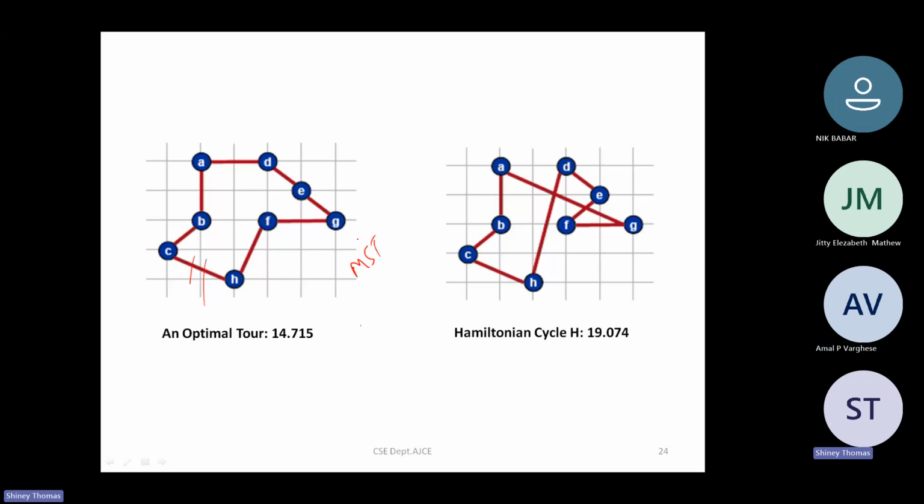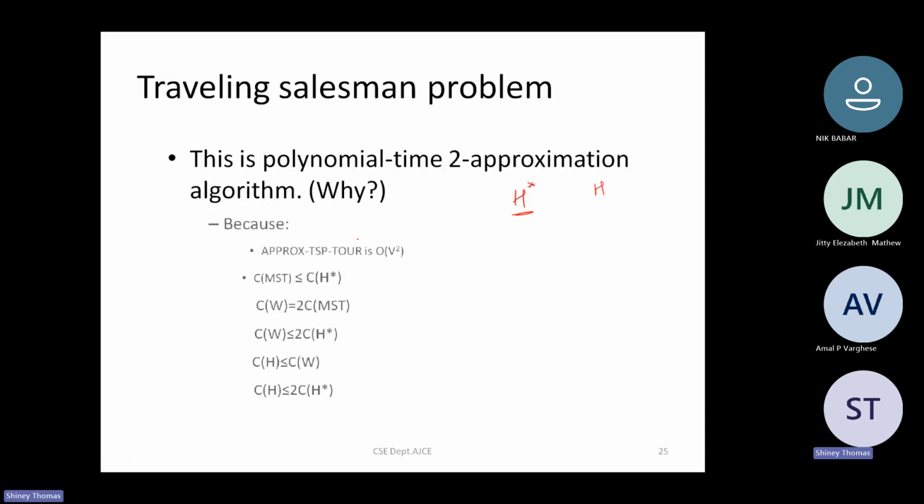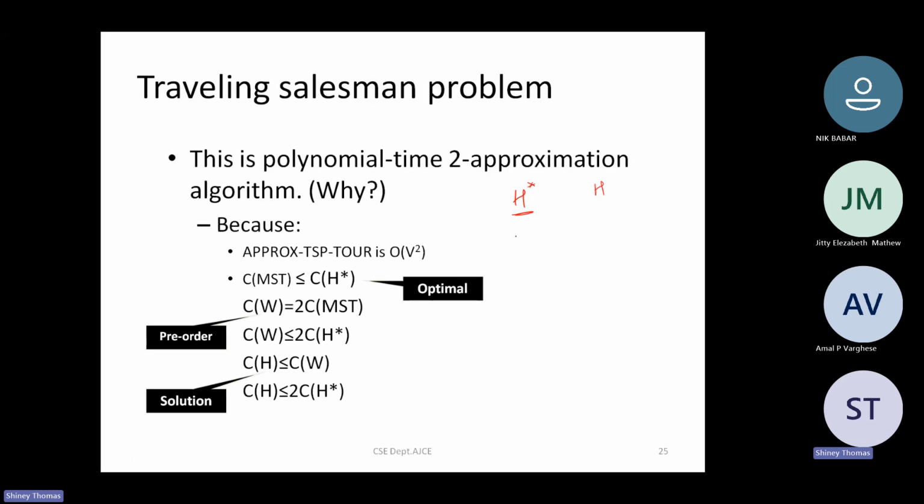You will say it will always be a spanning tree. So the cost of the minimum spanning tree T will be less than or equal to the cost of the optimal solution. True or not? Yes. Delete one edge, it will be less than or equal to. So this is equation 1.